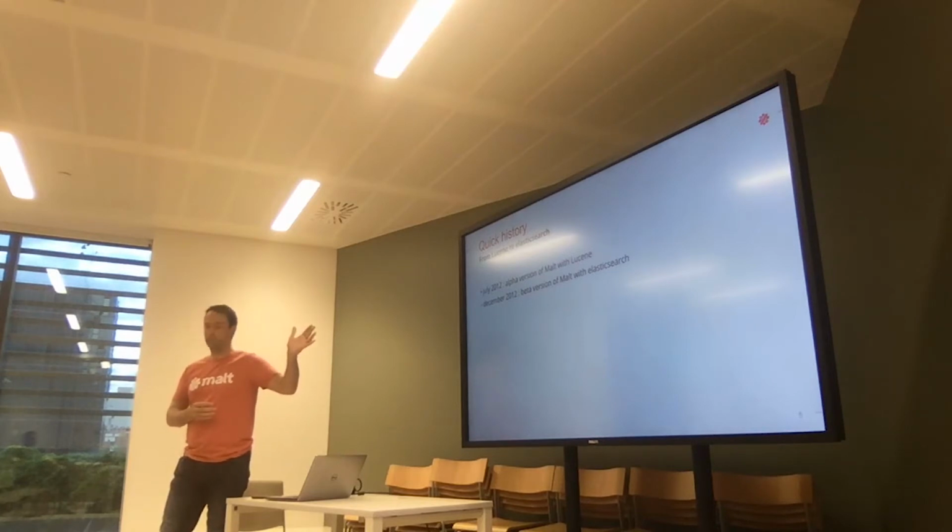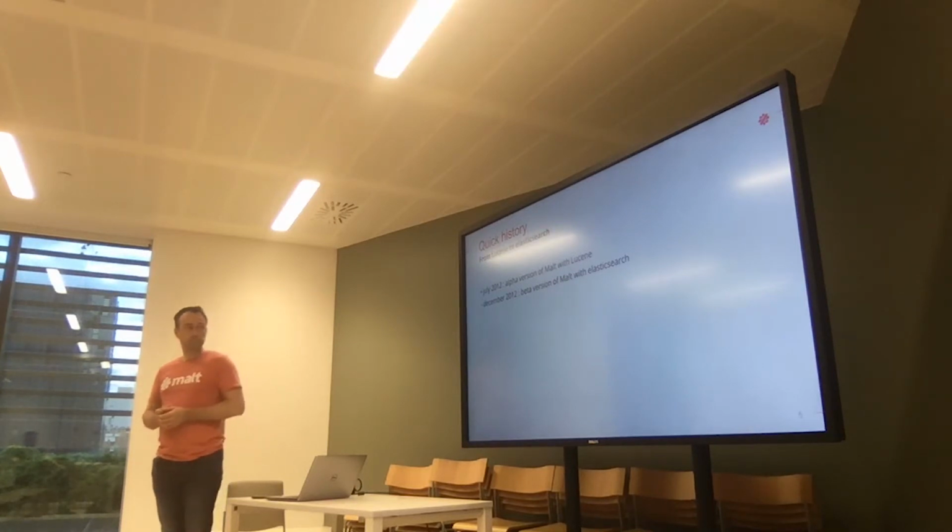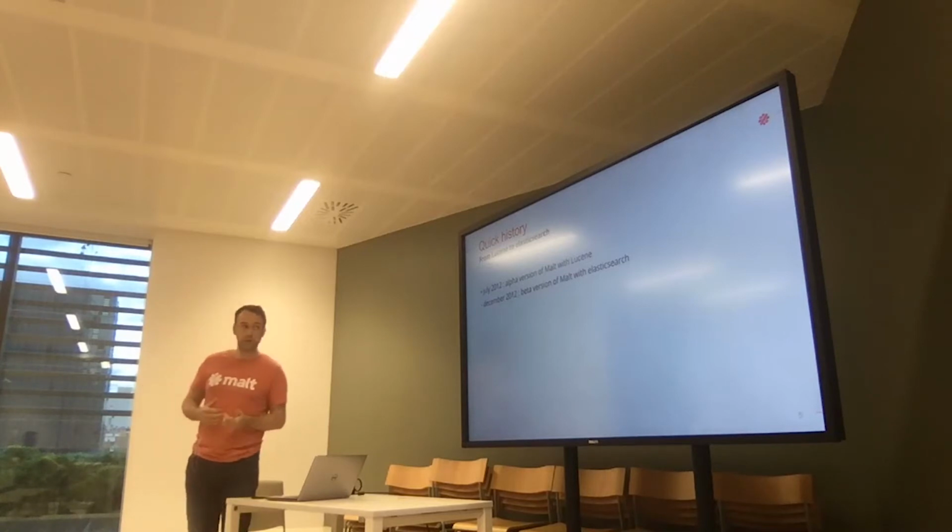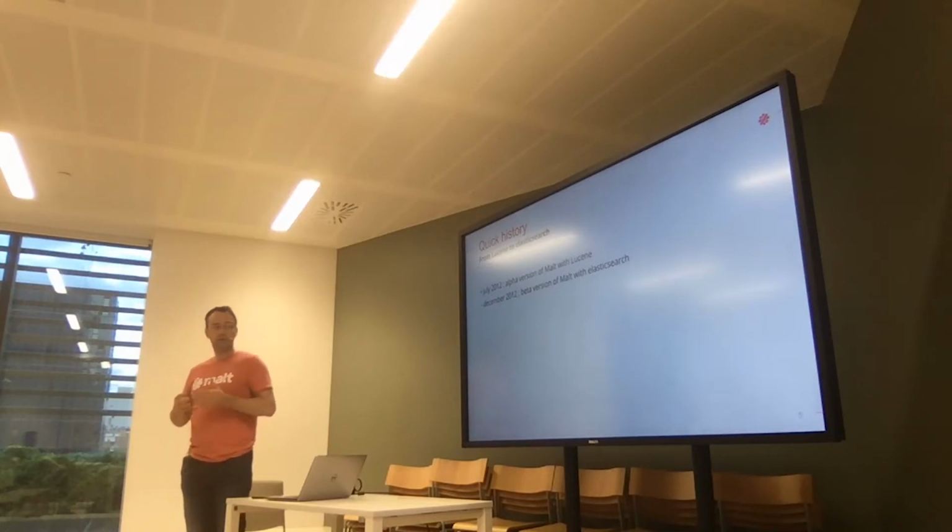We started with Lucene, which is the engine that is behind Elasticsearch. It was new for us, but we learned a lot. Lucene is quite powerful, but you have to struggle a bit with some queries like geolocation, for example. But it was nice.